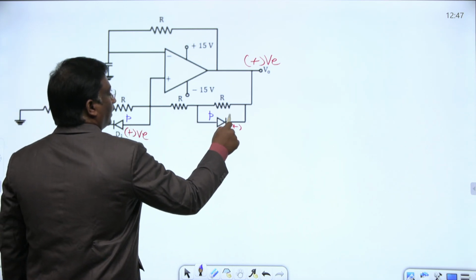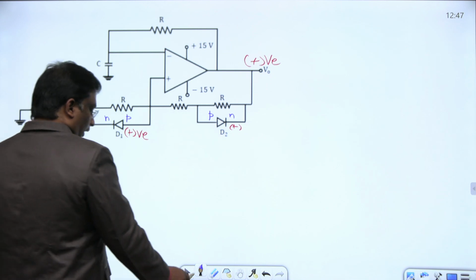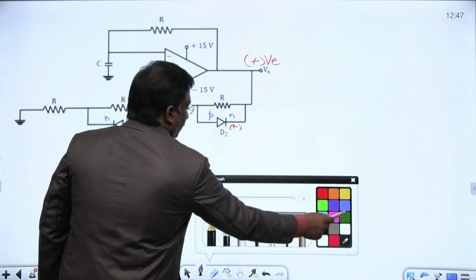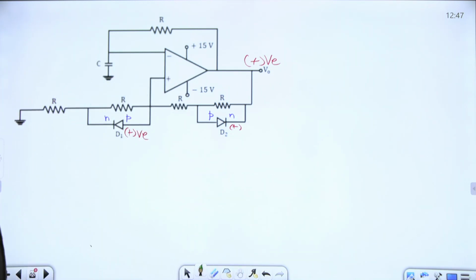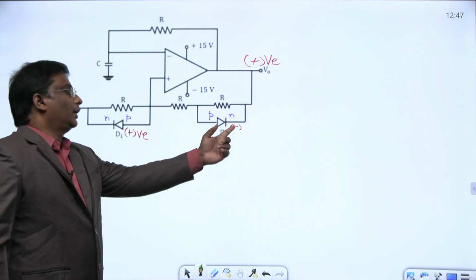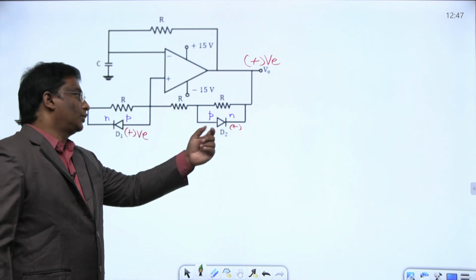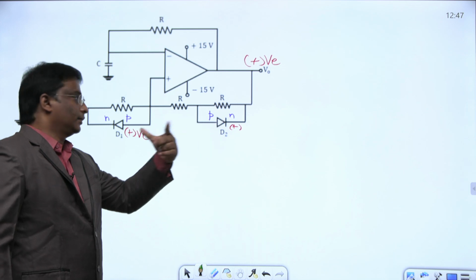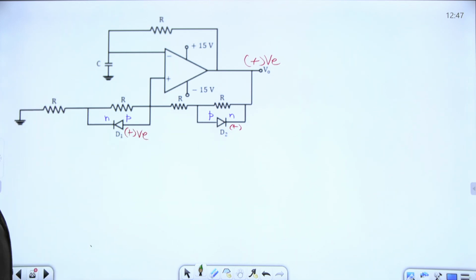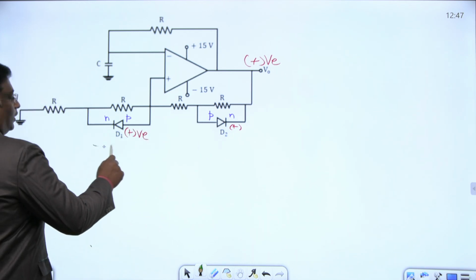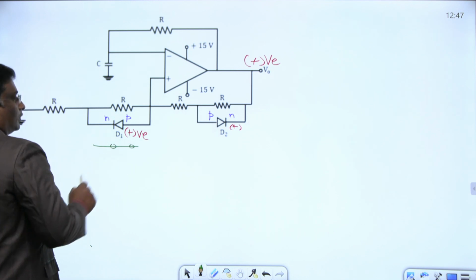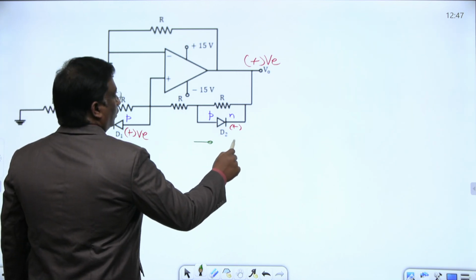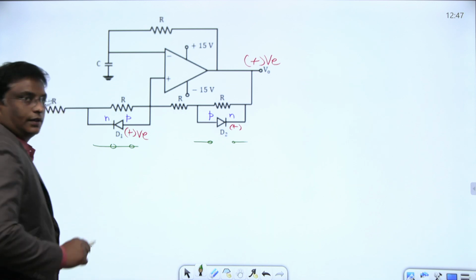If the cathode voltage is more positive, then this diode will be reverse biased. Here the anode voltage is positive, so this diode will be forward biased. A forward biased ideal diode acts as a short circuit. Nothing is told about the diode otherwise, so it acts as an open circuit.